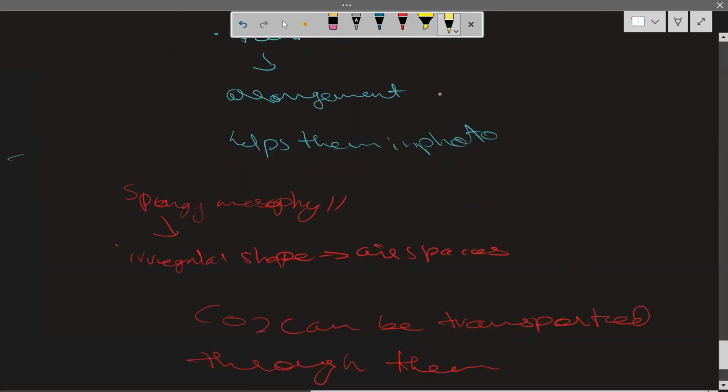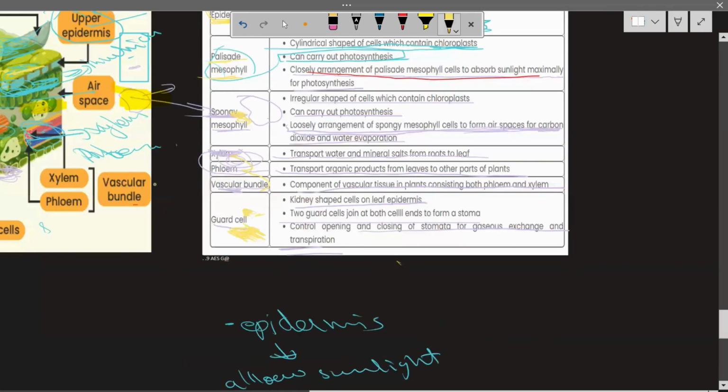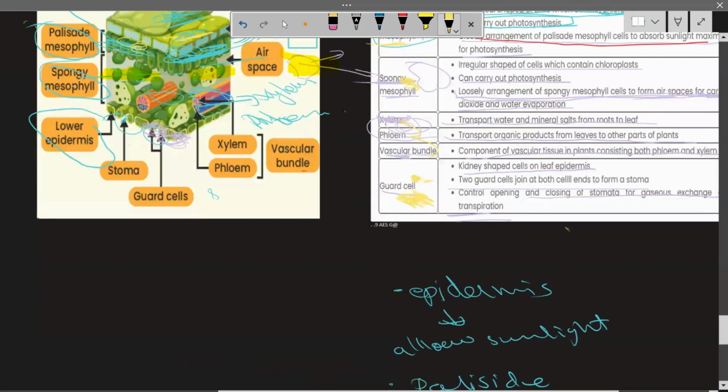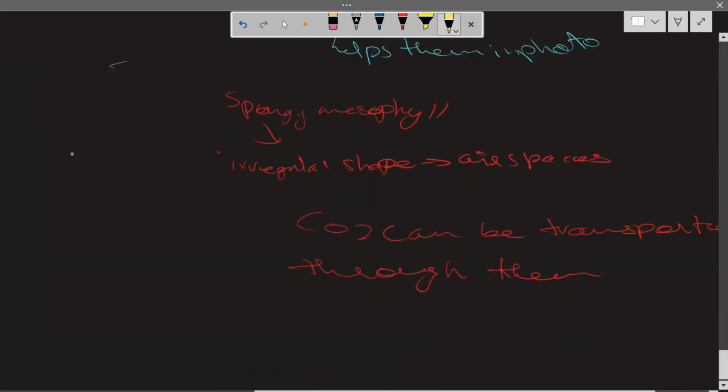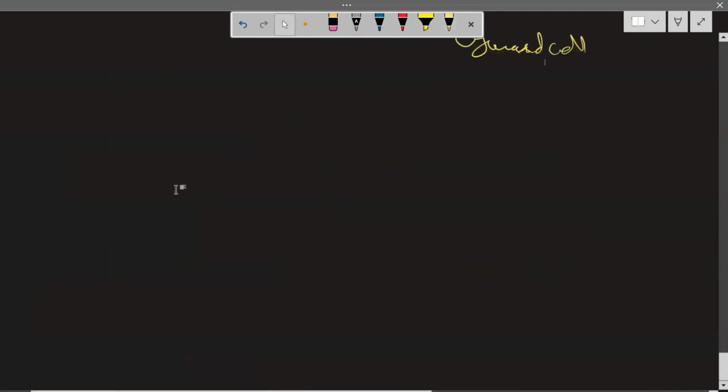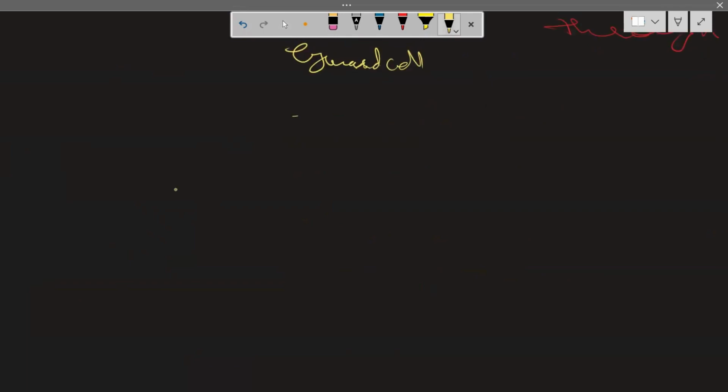And now what's the next thing? It's the guard cell. So what does the guard cell do? The guard cell opens and closes, right?